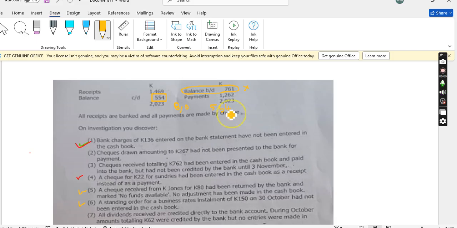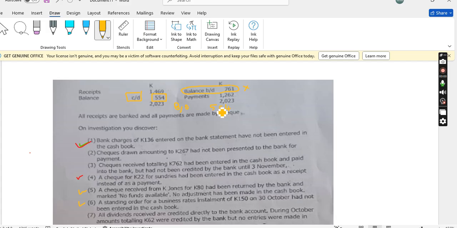Since the balance carried down is on the debit side, have you seen this CD here? It's on the debit side. So the balance brought down, meaning the new balance this cash book is starting with for the next period, is this 544, and it's going to come on the credit side.